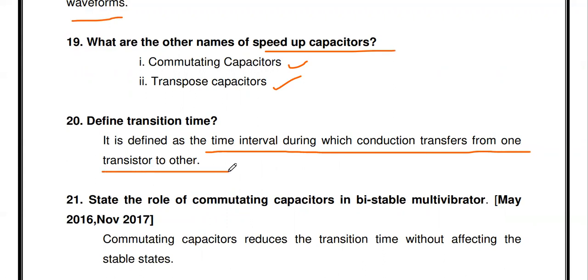Any type of multivibrator is constructed using two transistors. At a time, one of the transistors is in the on condition and the other is in the off condition. So the transition time is the time interval during which the conduction transfers from one transistor to another.